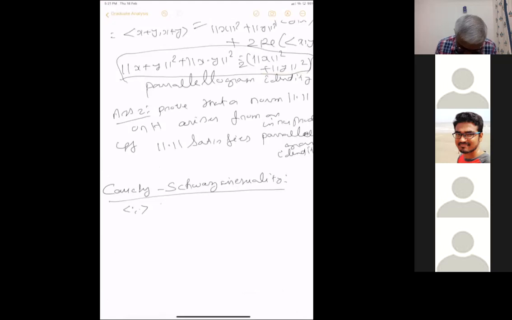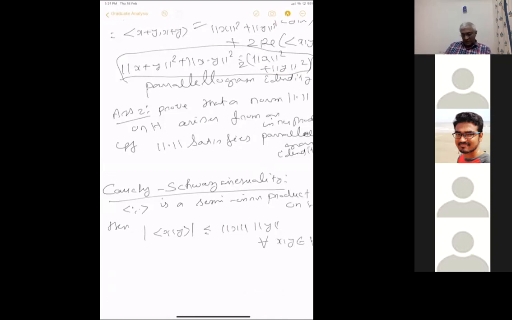Suppose this is a semi-inner product on H. Then you have already seen this for L2 spaces, like Holder's inequality and Minkowski inequality: |<x, y>| is at most norm x times norm y, for all x, y in H.